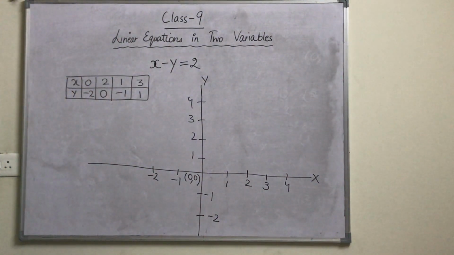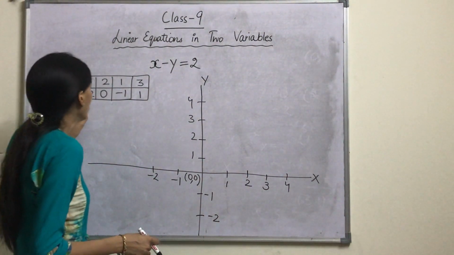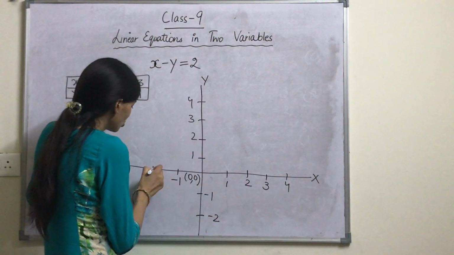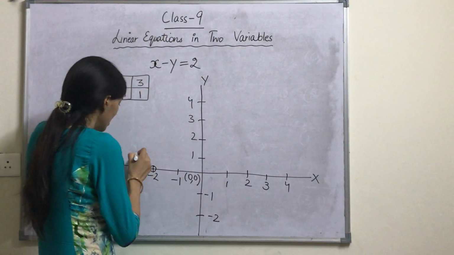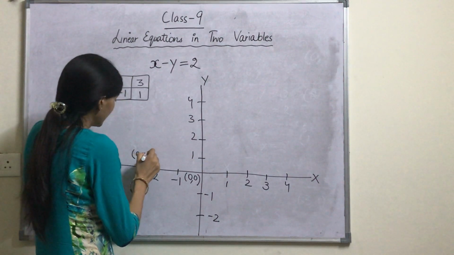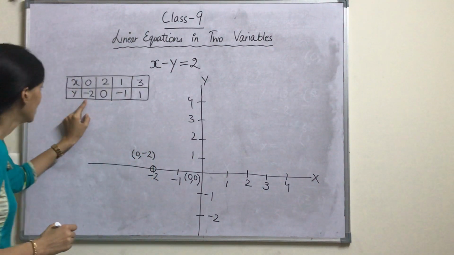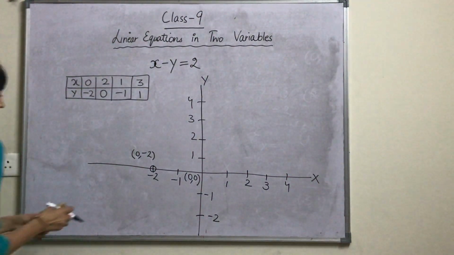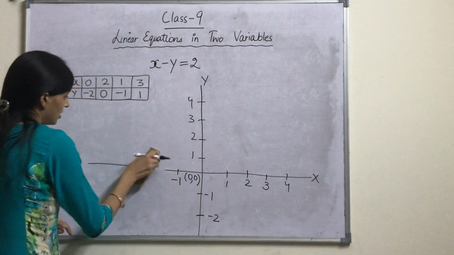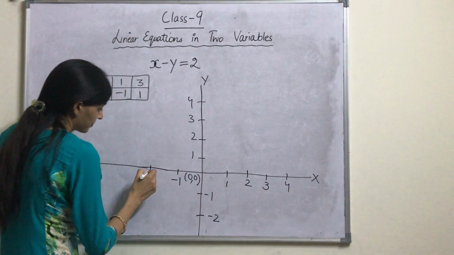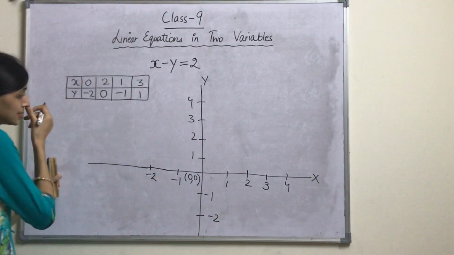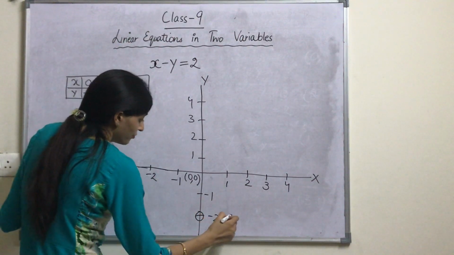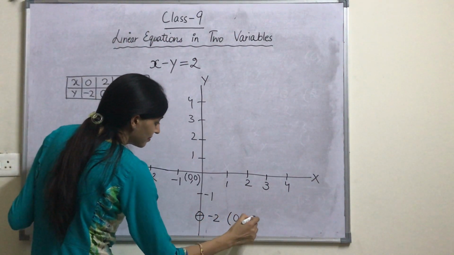Okay, now x is 0, y is minus 2. x is 0 on the y-axis, so this will be your point, where x is 0 and y is minus 2.